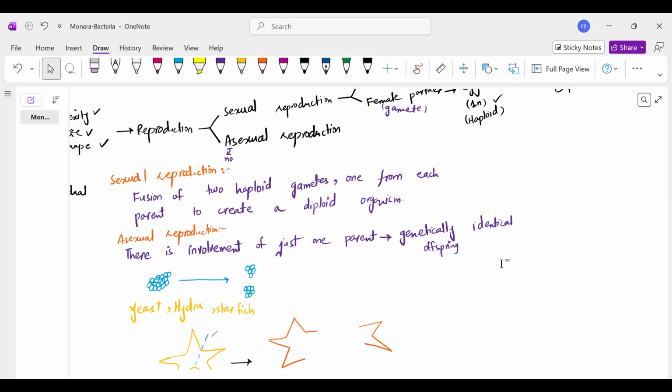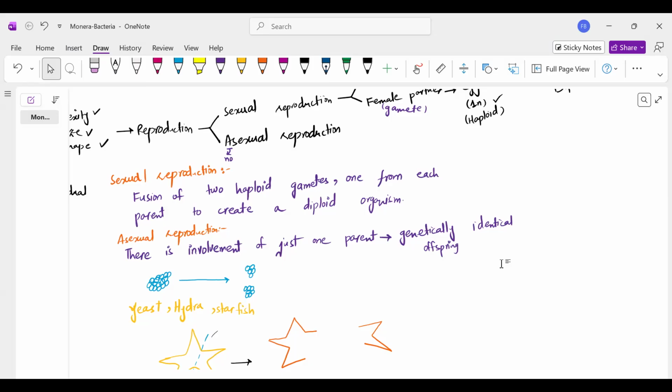I'm saying that by variations you have more complexity, and that is the reason most multicellular organisms have sexual reproduction. Whenever there is sexual reproduction, there will be more variations, and those organisms are best adapted to their environment. Best adaptive means they can adapt to changes in their environment and survive for a longer time.